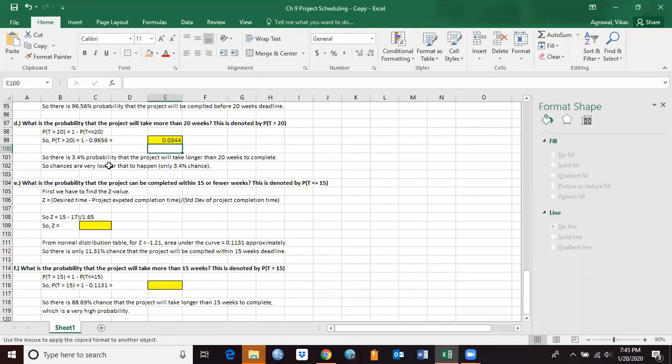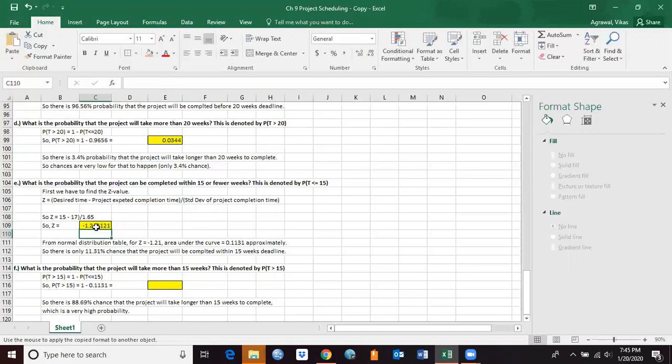We need to find the z value here, so we subtract the expected time from the desired time, and the whole is divided by the project standard deviation of 1.65. So here it is 15 minus 17, whole divided by 1.65.